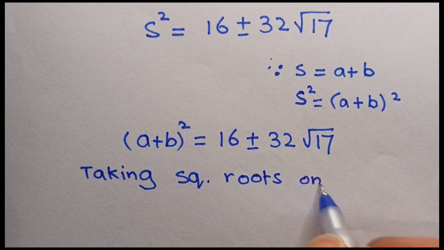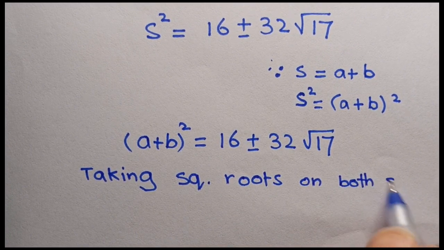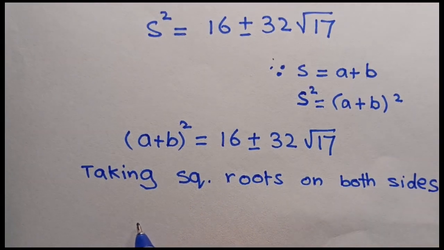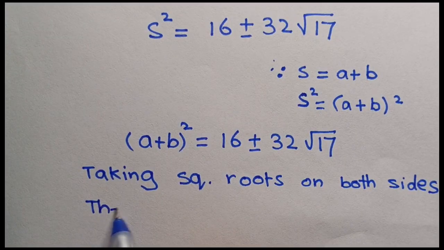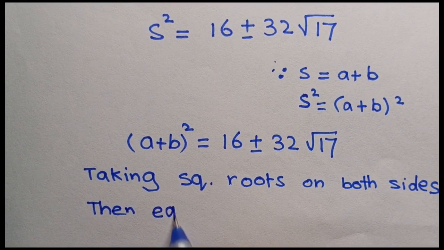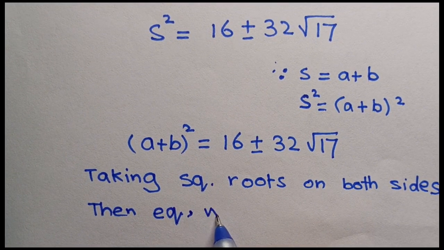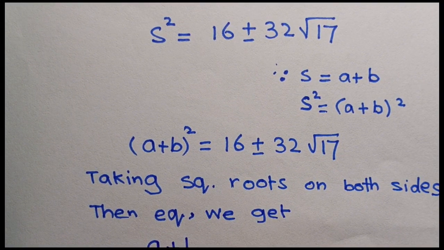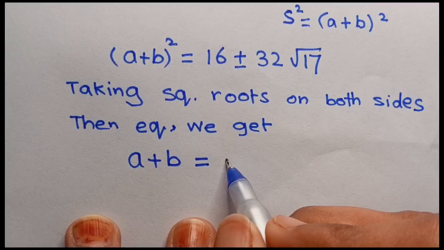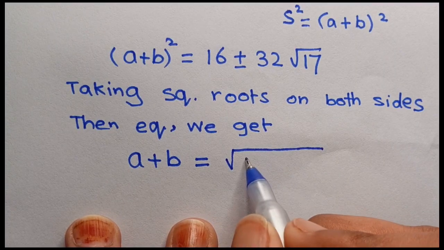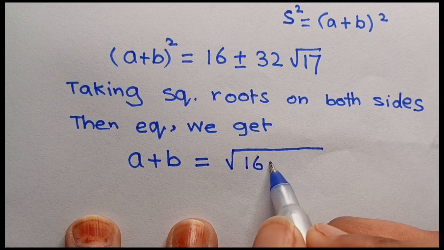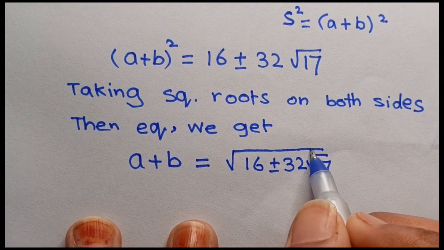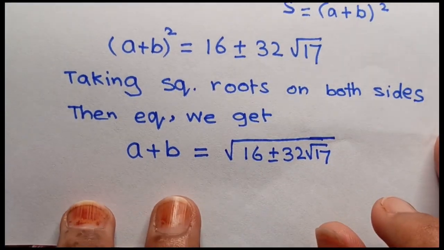Taking square root on both sides, we get a plus b is equal to plus and minus under root 16 plus 32 under root 17.